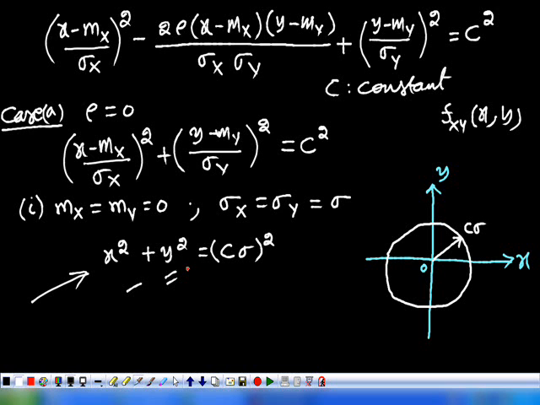That is, they are not correlated. When sigma xy is equivalent to 0, what is rho? Rho is 0. So when rho is 0, the two random variables are uncorrelated. So that's why when rho is 0, we are saying that the two random variables are independent of each other because they are not correlated. That condition is true when the two random variables are jointly Gaussian.